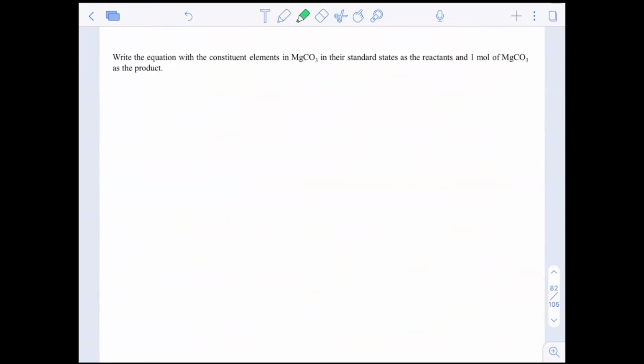We're going to write first the equation for a standard enthalpy of formation. We're going to do it first for magnesium carbonate in its standard form. So we're not going to write the delta H per se, but we are going to write the reaction. Magnesium carbonate solid is the standard state for an ionic compound. That would be the product.